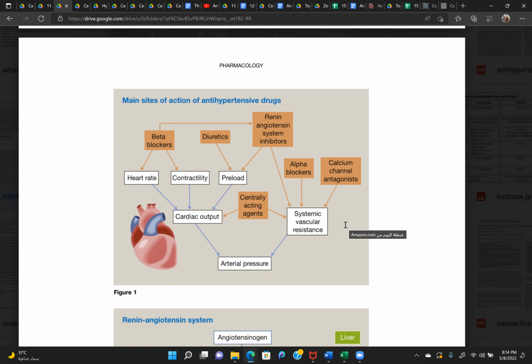By decreasing the blood volume, the circulating volume. How do they do it? By excreting more fluid out of the system. Okay, so let's try to recall what are the different types of diuretics. Loop diuretics, potassium-sparing diuretics, osmotic diuretics. Okay, so I will be just showing to you, just a second, please.